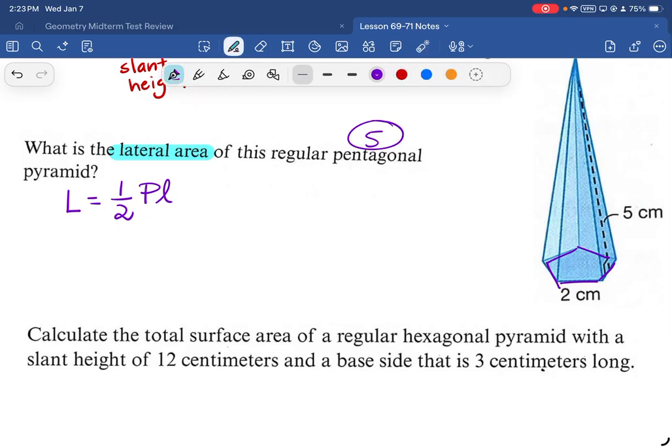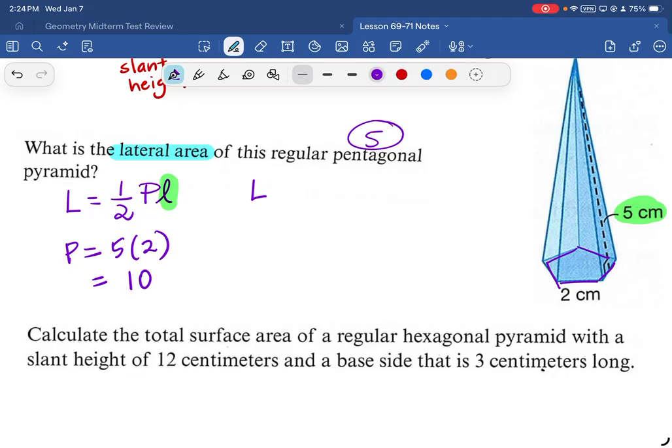So we need to find the perimeter. Any thoughts? How do we find the perimeter of this base down here? 5 times 2. Thank you. Too easy. So 5 times 2, which is 10. And we already know our slant height. Very good. So it's 5. I'm going to highlight it like that so you all know the green and the green go together. Okay, time to plug in.